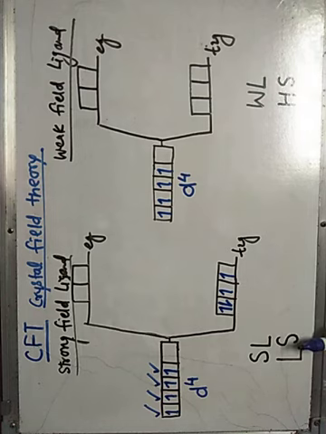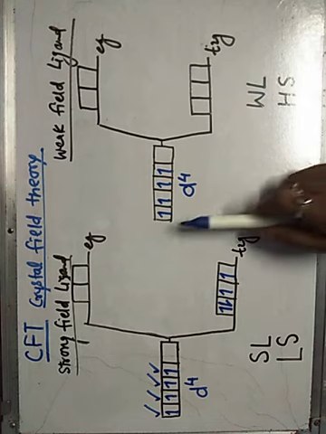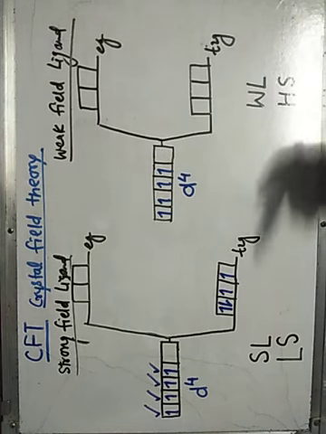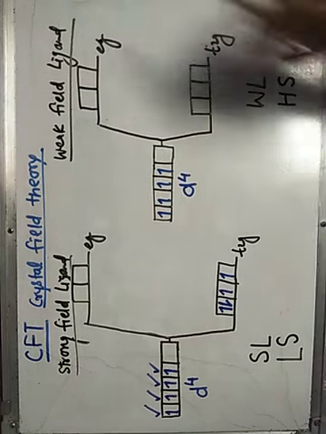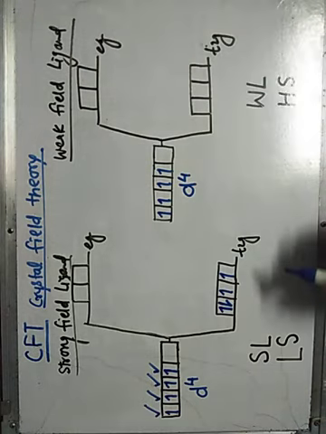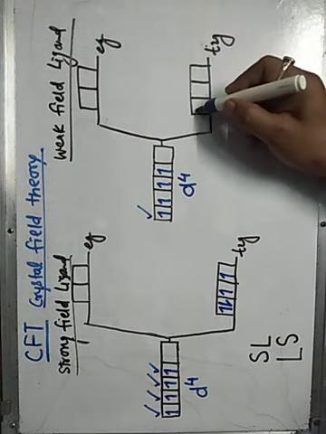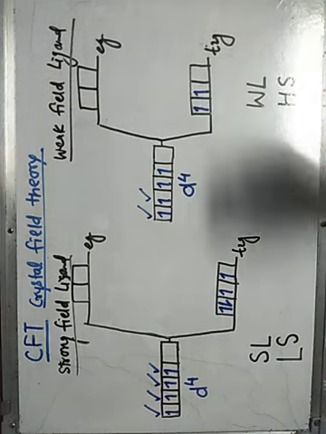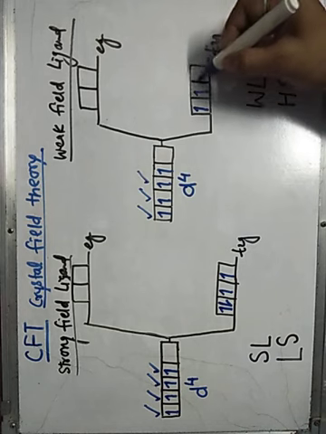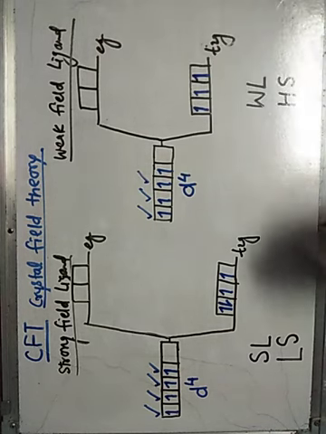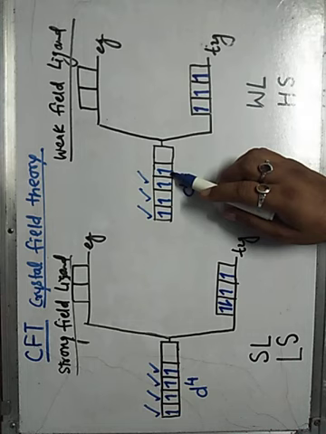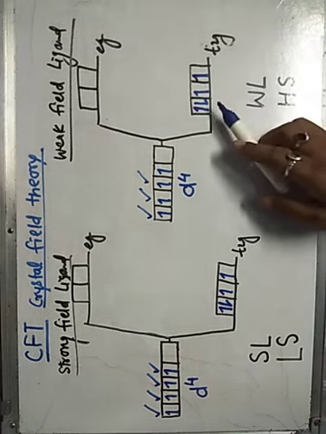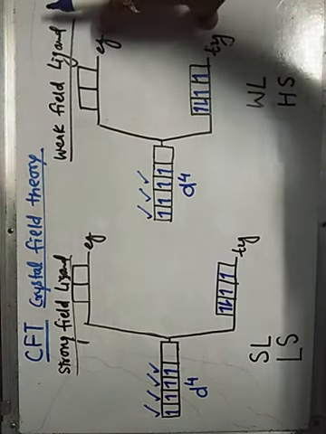Alright? Clear? Now in this case where the weak field ligands are there, no doubt the gap will be narrow between the t2g and eg. So this electron goes in this box, this electron goes in the next one, this electron moves in the next box. But what about the fourth one? This electron could go in this box, but the gap is narrow.